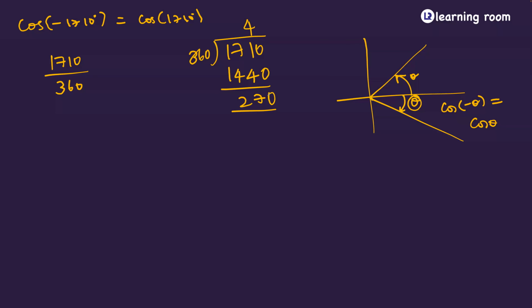Correct? So can I write this as cos of 4 into 360 plus 270?